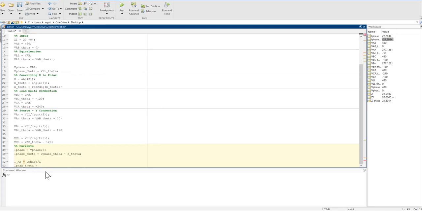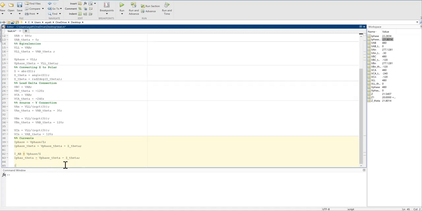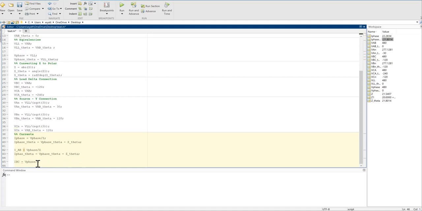You can see here the V phase theta, it's exactly the same calculations as before. The angles are going to be exactly the same. But for our IBC, we're going to have the same magnitude, but our angle is going to be shifted by 120, just like its voltage counterpart.